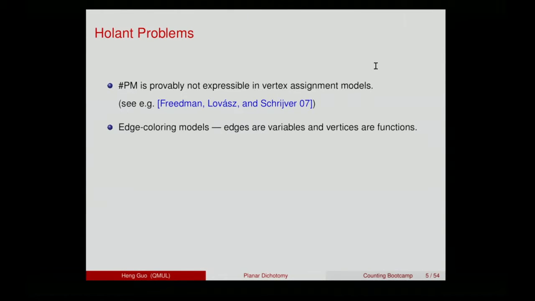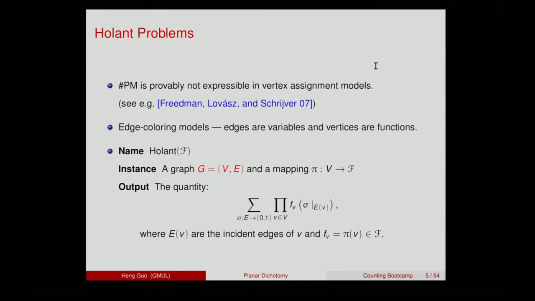Okay, so that urges us to consider an edge coloring model. We want edges to be variables because we want to pick a perfect matching, a subset of edges, and the vertices are functions. So this gives our motivation for so-called Holant problems. This quantity was first denoted by Valiant, who called it Holant.